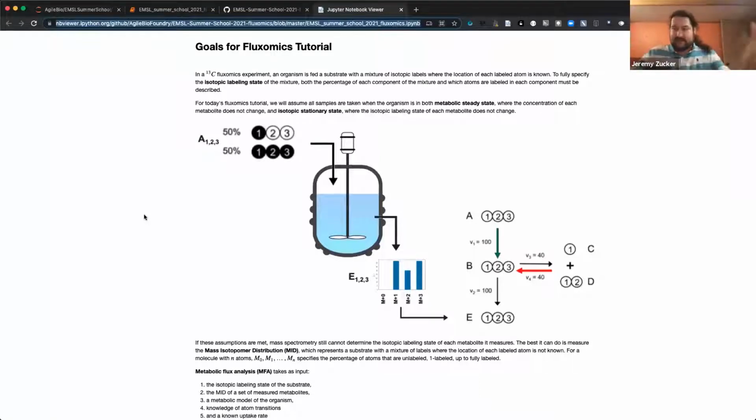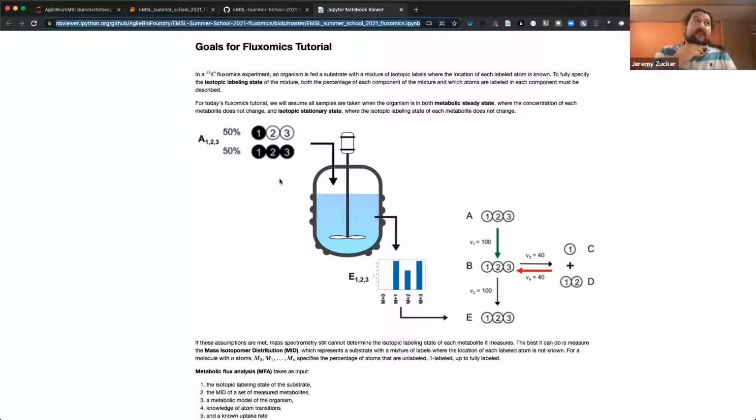Just to give you a little background here, in a 13C metabolic FluxOmics experiment, an organism is fed a substrate with a mixture of isotopic labels where the location of each labeled atom is known. But to fully specify the isotopic labeling state of the mixture, both the percentage of each component of the mixture and which atoms are labeled in each component must be described.